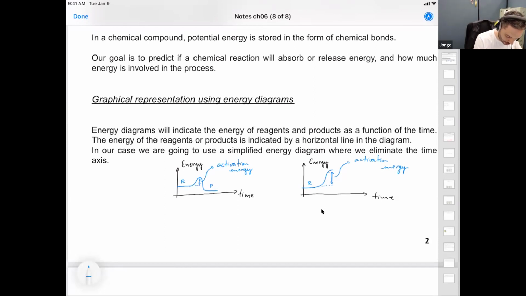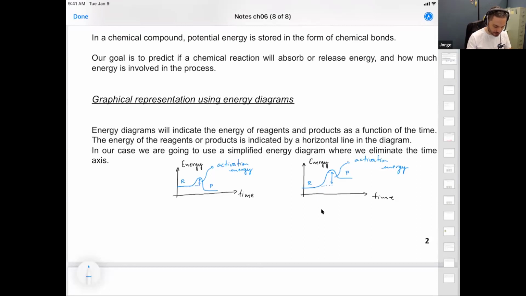And in this second case, for example, the energy of the products is higher than the energy of the reagents. And those are the two possibilities for any chemical reaction. First one, energy of the reagents is higher than the products. And second one, energy of the reagents is lower than the energy of the products.